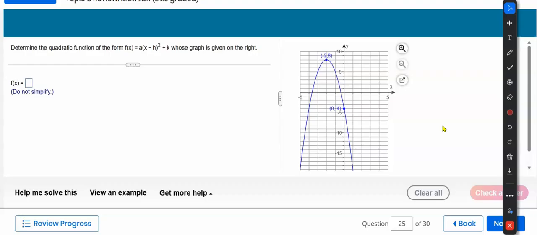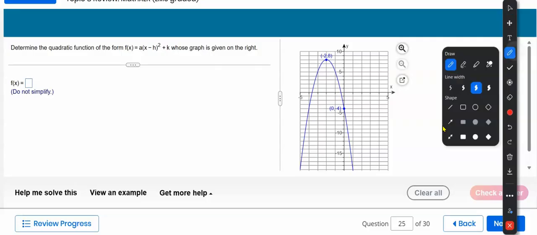Okay. Question 25. Determine the quadratic function of this form whose graph is given on the right. Do you know any information from the picture?